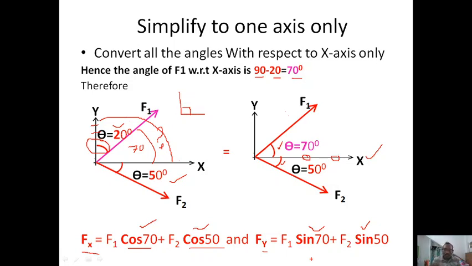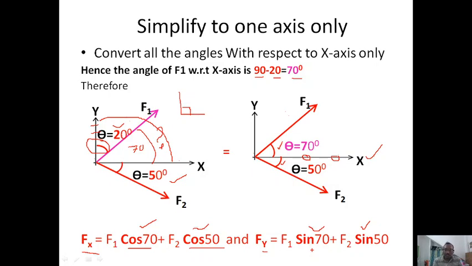But what I made simple for you is that you have to convert all the angles with respect to one axis only, and draw a fresh diagram for the same, and then start solving the problem, right? So this is the easy way if you want to avoid confusion. However, if you are comfortable with any type of situation, you can just practice the same thing.